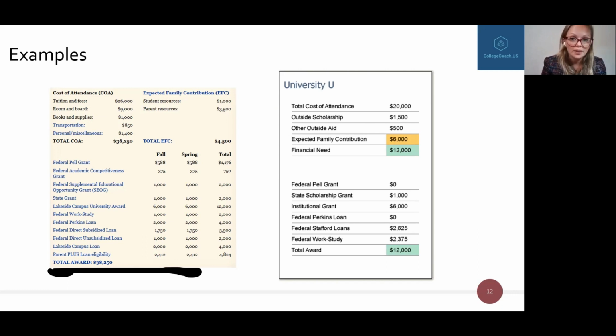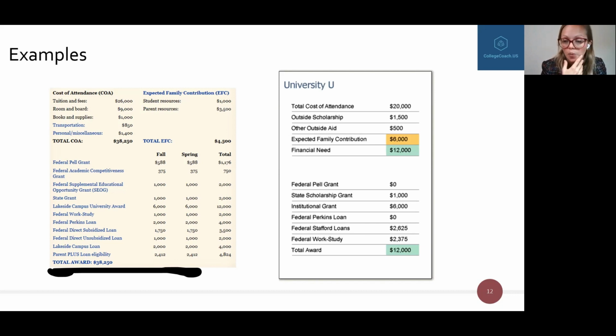Awesome. But all of those need-based grants from the federal government fluctuate every year. They're definitely not guaranteed. So all of that money, the 1,176, 750, 2,000, another 2,000, might be gone next year, depending on what the parent and student resources are.